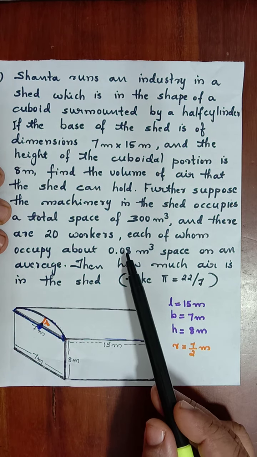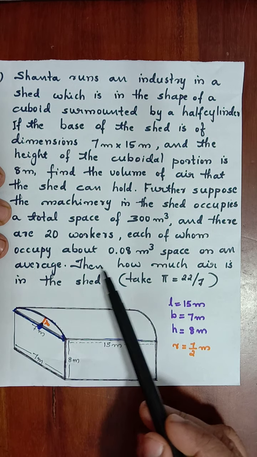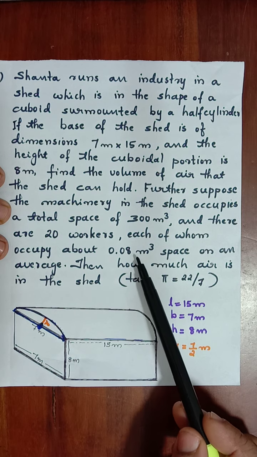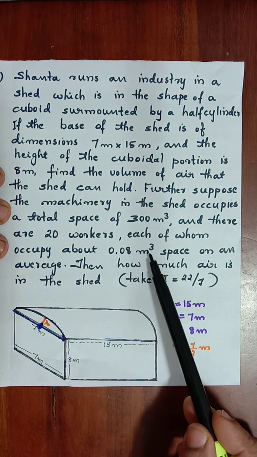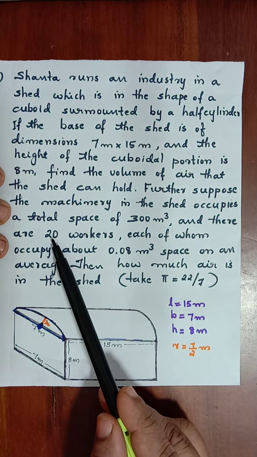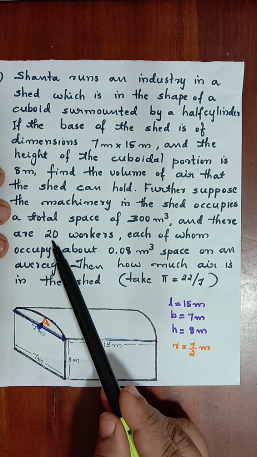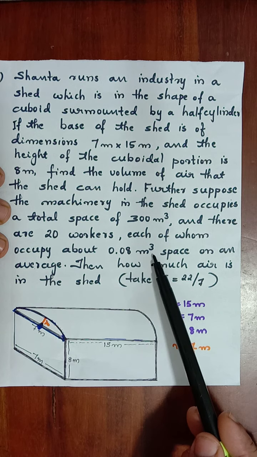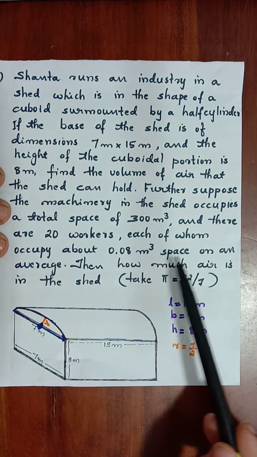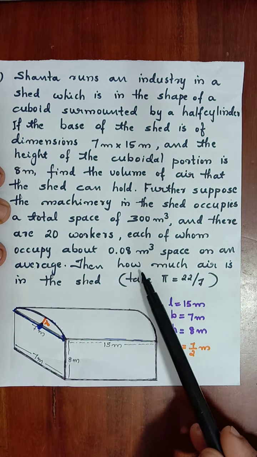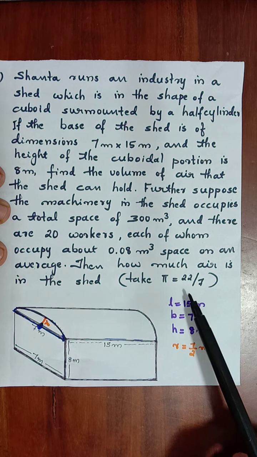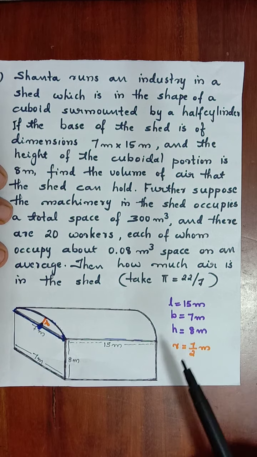And there are 20 workers, each of whom occupy about 0.08 meter cube space. So how much space is occupied by 20 people we have to find out. 20 into 0.08 meter cube space is occupied by 20 workers. Then how much air is in the shed? Take pi is equal to 22 by 7.